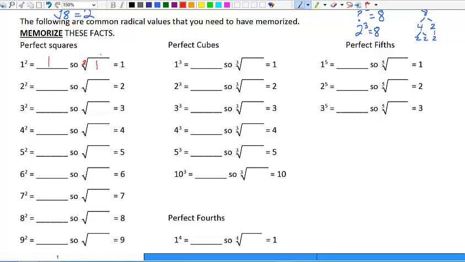We don't have to write it because we use square roots so much that if there's no little index there, it's an implied 2. We even say it. We say square root. Square, that's 2, okay? So 2 squared is 4, so the square root of 4 is 2. 3 squared is 9, so the square root of 9 is 3. 4 squared is 16, so the square root of 16 is 4. I'm going to go ahead and fill out the rest of these. You can just pause your video and fill them in.